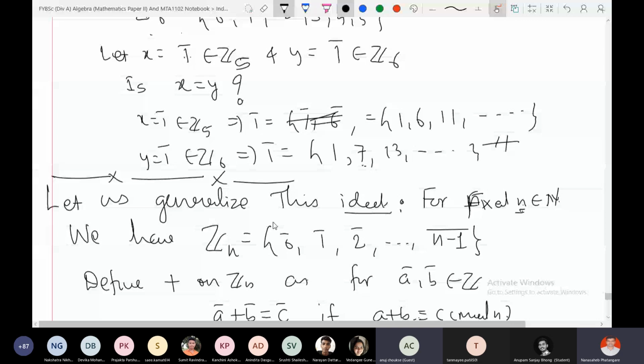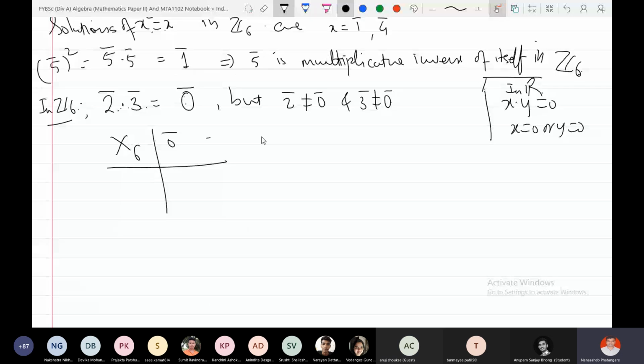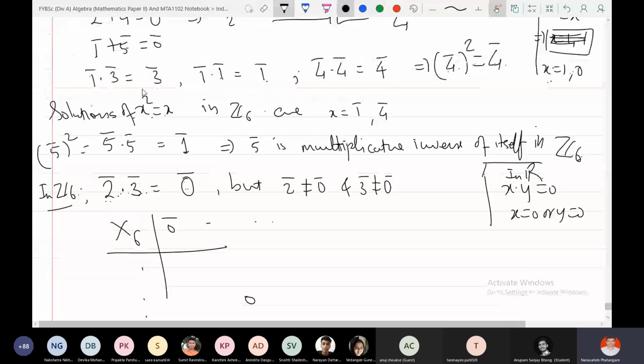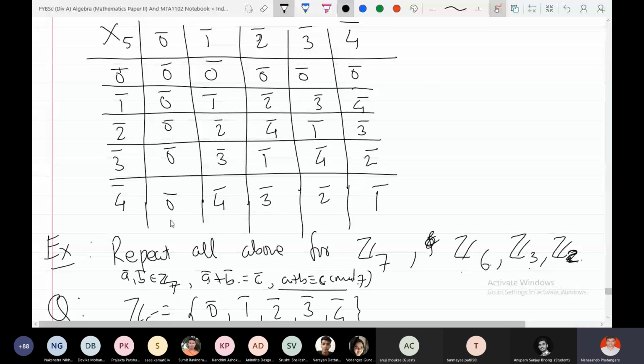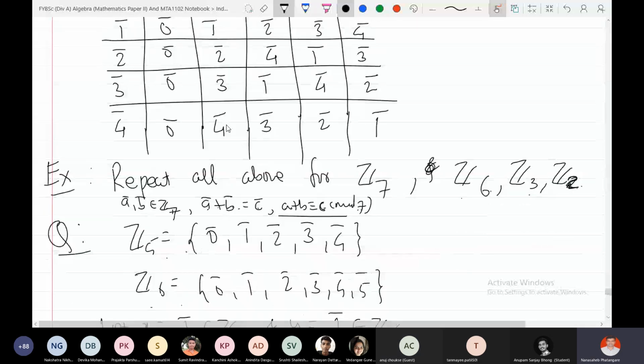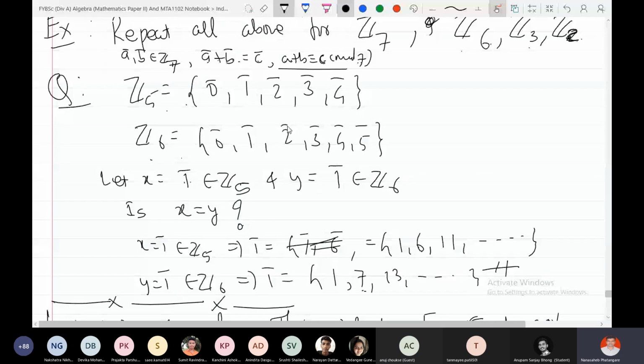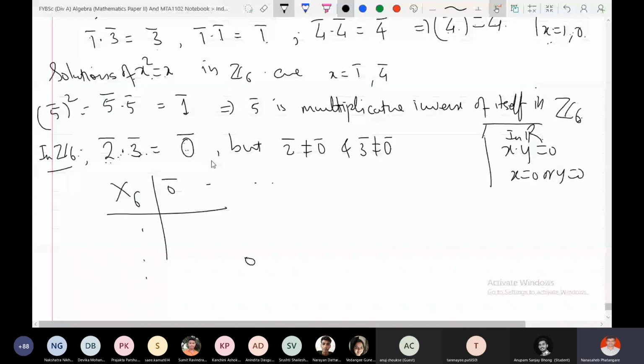You find that there are zeros where the two factors are non-zero. So you just write down the multiplication table and see this. In the table of 5 it is not happening; 0 occurs only if one of the factors is 0 bar. And in Z6 if factors are not 0, then also 0 occurs.